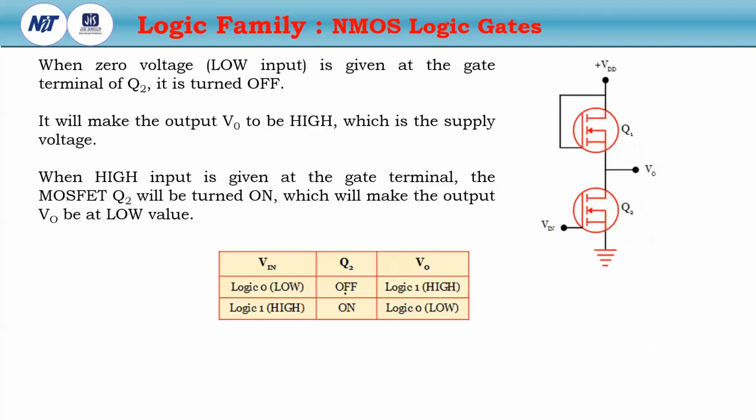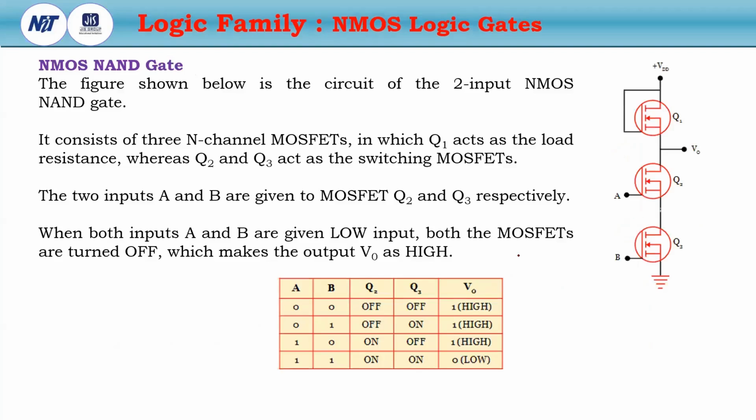So these are the basic operations which I already described. Now come to the NAND gate operation. In general, you should remember that for any AND operation, the NMOS are connected in series at the driver side. Please note it down.